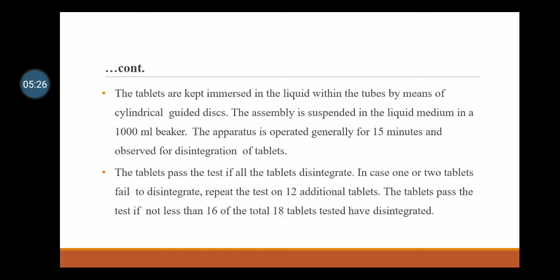The tablets are kept immersed in the liquid within the tubes by means of cylindrical guided discs. The assembly is suspended in the liquid medium in a 1000 ml beaker. The apparatus is operated generally for 15 minutes and the disintegration of tablets is observed. 37 degrees Celsius is the normal body temperature.